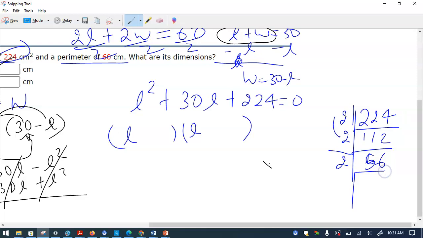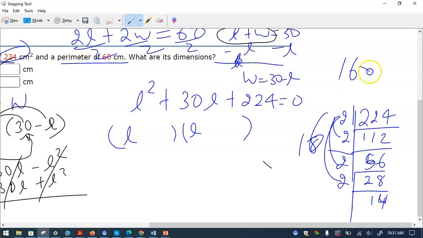So 2 times 2 is 4 and 8, so this together is 8. 8 and 28 also won't get you 30. But let's see if I write another 2 and 14. So all this will be 16, and 16 and 14 is a good one, see. And when you multiply 16 and 14 is 224, and when you add up, you get 30.